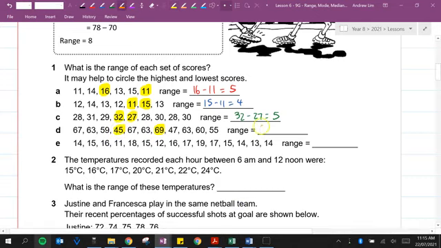So we've got 69 minus 45, and that's equal to 24. Question E. The highest is 19 and the lowest looks like it's 11. So 19 minus 11 is 8.